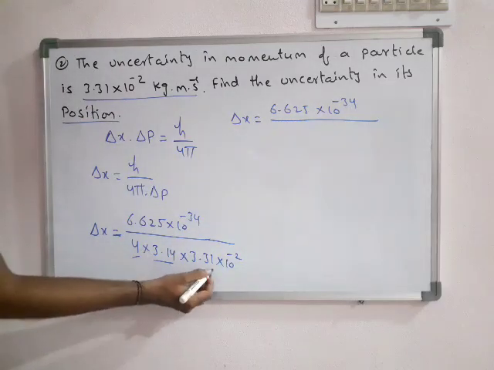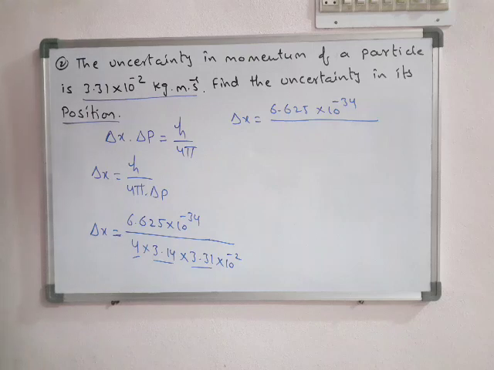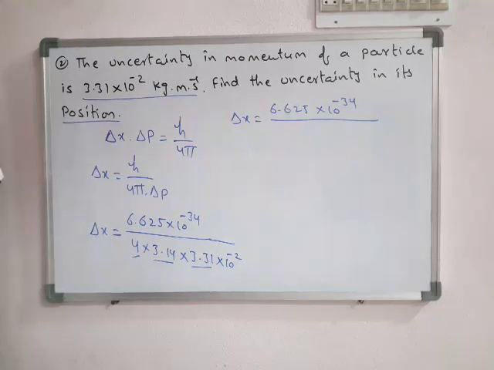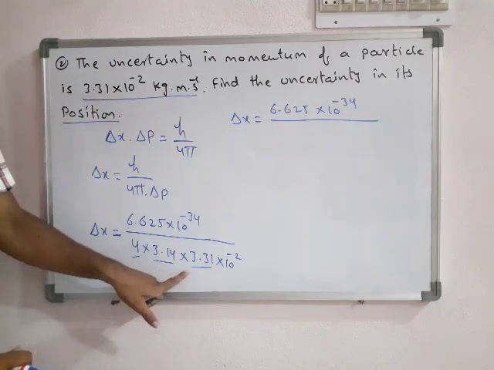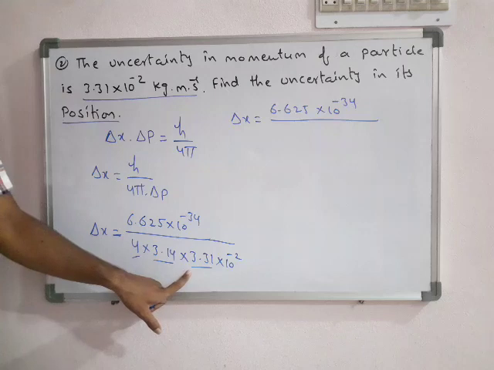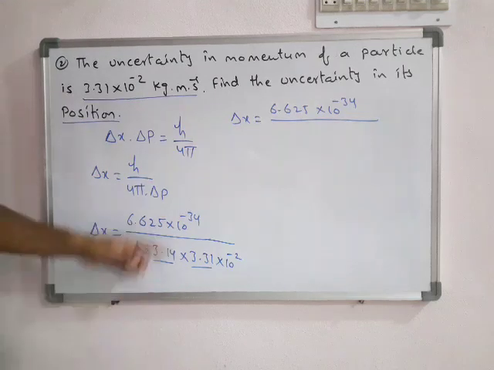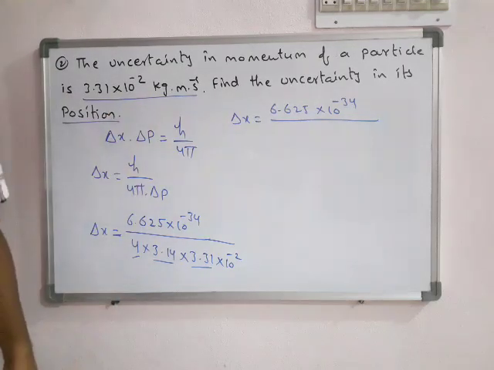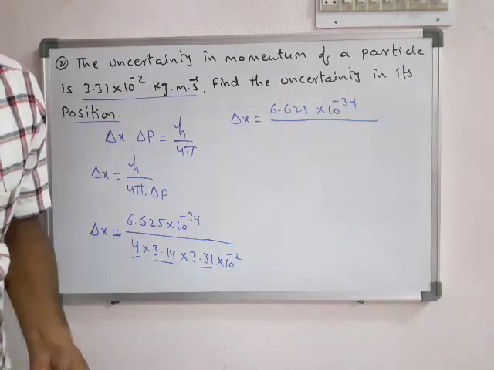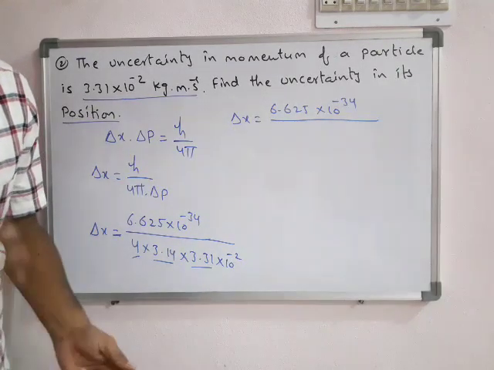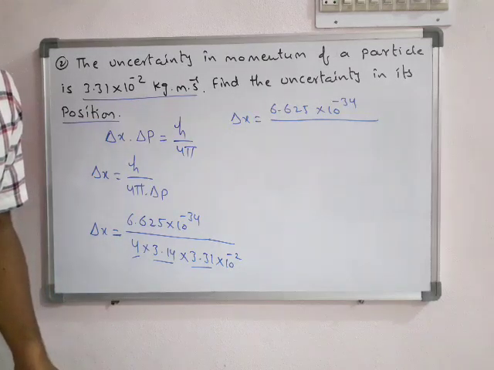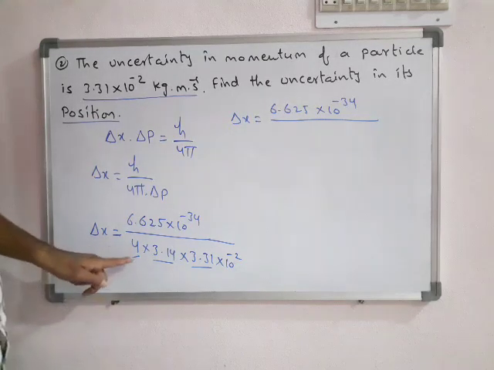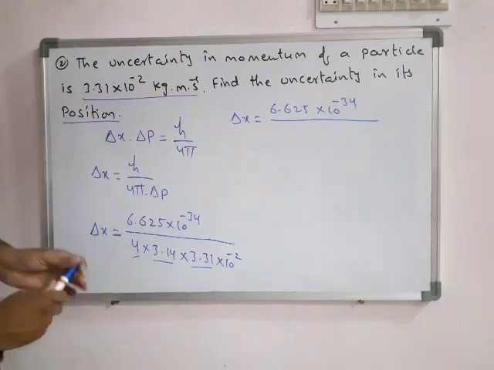So on this particular calculation, approximately we will get, 3.31, that's what is given, 10 power minus 2 kg. Okay, sorry, there is a difference in the problem, we'll take this only.